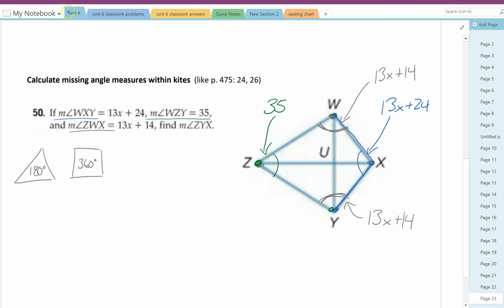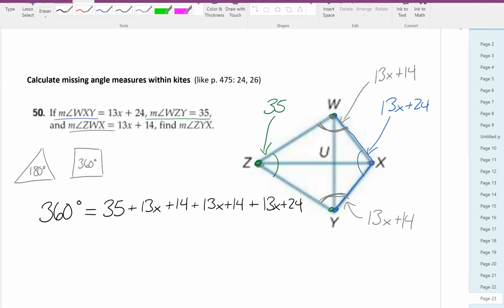So 360 degrees is going to be all 4 of these angles put together. So 35 plus 13x plus 14 plus another 13x plus 14 plus 13x plus 24. Okay, so I have a big mess there.